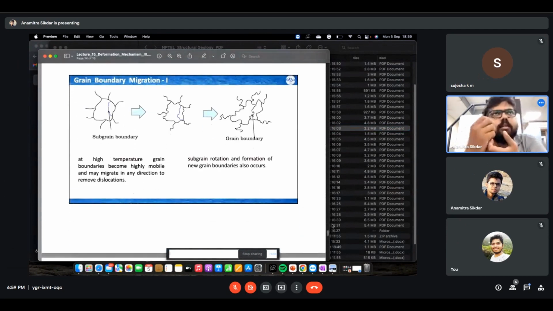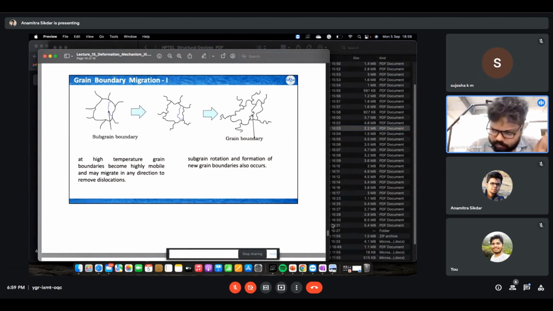You have the bulging, and now you applied more deformation, more stress, so it shows subgrain rotation. Orientation change forms some new domains, subgrains inside the grain. And after that, the complete grain boundary moves in certain ways to form separate grains, right?